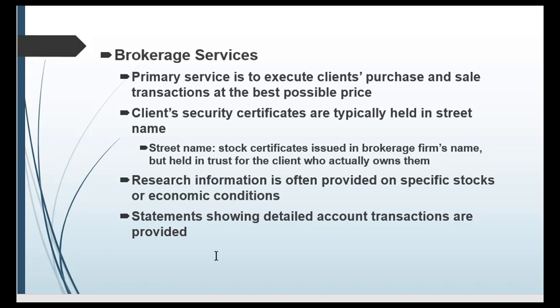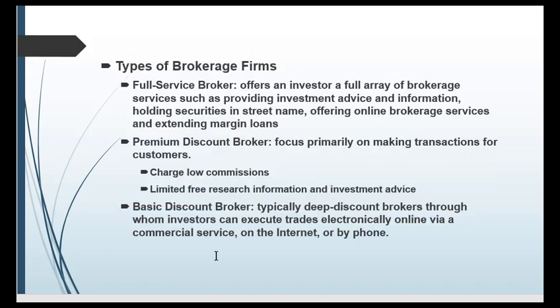But also, we talked about short sales in a previous video. These are the shares in what's called street name, that can be used to help fund and act on short sale requests. Of course, there's research, there's information we can get. They're going to provide us with some statements about what's going on.